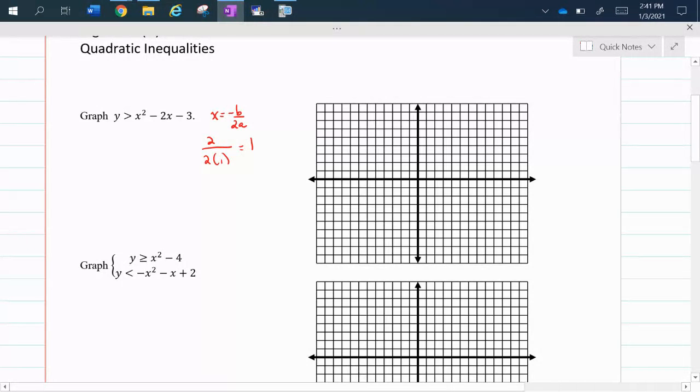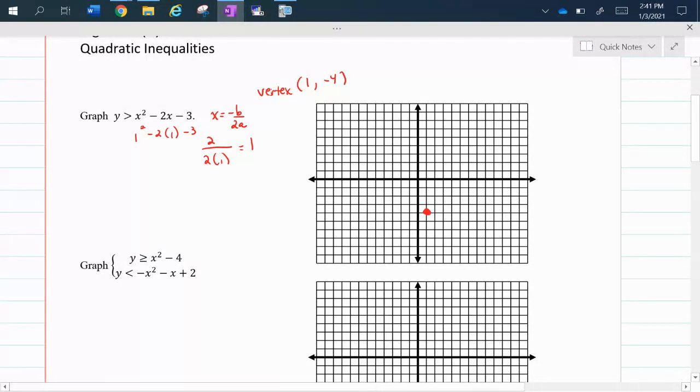That means my vertex is 1 comma something. So if I plug in 1 squared minus 2 times 1 minus 3, that would be 1 minus 2, negative 1 minus 3 is negative 4. So I'm going to plot 1 comma negative 4 as my vertex.